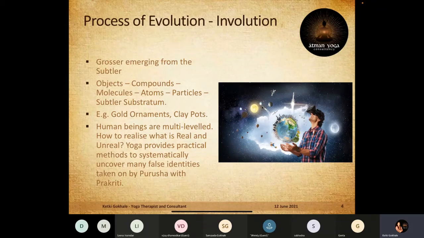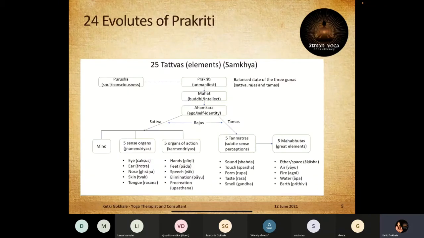So in this session, we are going to look at those identities which we take up, and we feel we are this body, we are this mind, we are this intellect, we are these senses. These are all the false identities taken up by our soul, Atman, Purusha with Prakriti. So let's look into these 25 tattvas, including the Purusha.